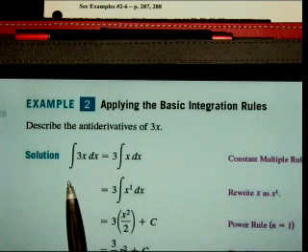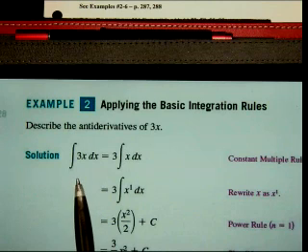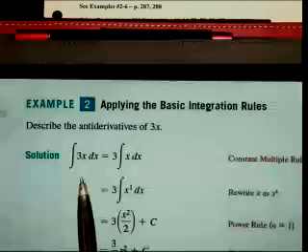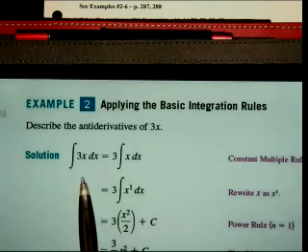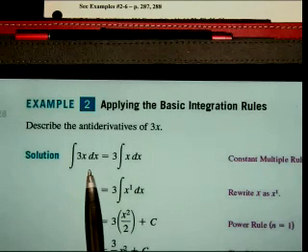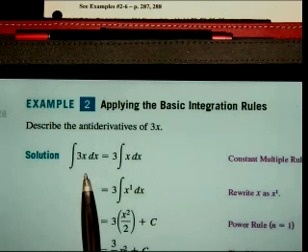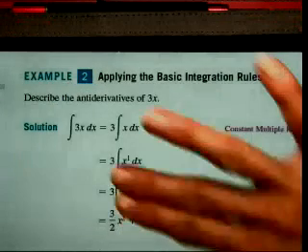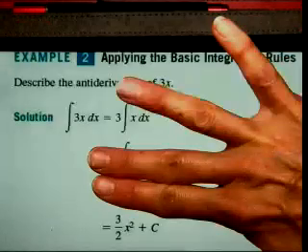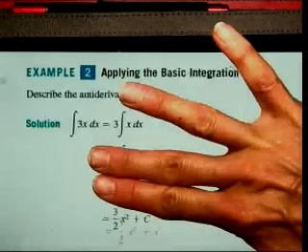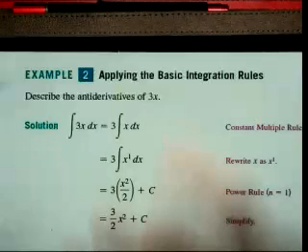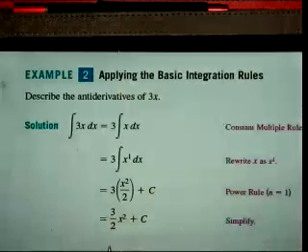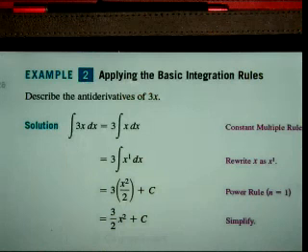I could say evaluate the indefinite integral of 3x dx, or I could say find the antiderivative of 3x. Well, just add 1 to the exponent of the x, and that gives you the new exponent 2. Then you have to divide by that exponent. Really, you can skip those two steps just fine. Add 1 to the exponent, and that will give you x squared. Divide by that new exponent, and you have 3/2 x squared.